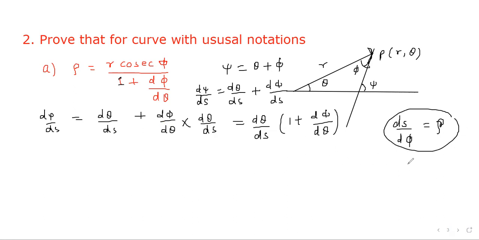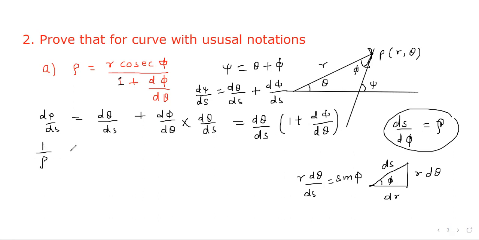And also we know that in the triangle, this is r d theta, this is ds, this is phi, and this is dr. So from here, if we find r d theta upon ds, that will be sine phi. So d theta upon ds, we can write from here as sine phi upon r. Since ds upon d psi equals rho, this is just the reverse.